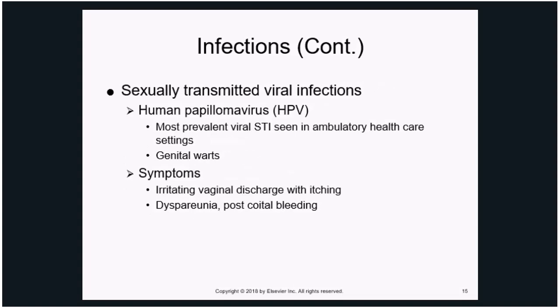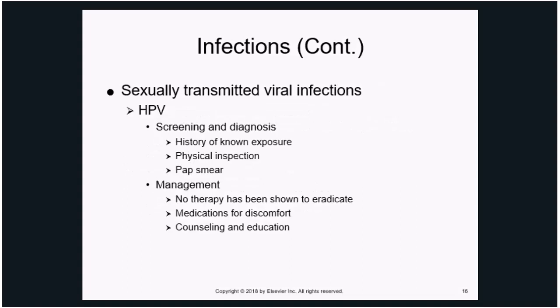HPV is the most prevalent viral STI seen in ambulatory healthcare settings, and it can cause genital warts as well as cancer. Symptoms: irritating vaginal discharge with itching, dyspareunia, postcoital bleeding. HPV screening and diagnosis is done with history of known exposure, physical inspection, and a pap smear.